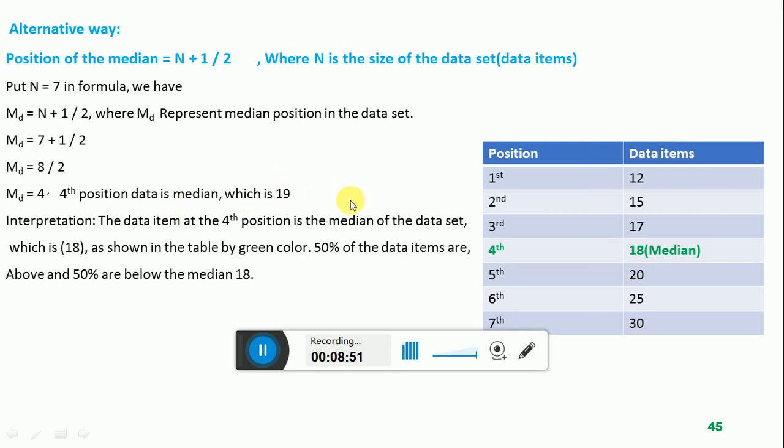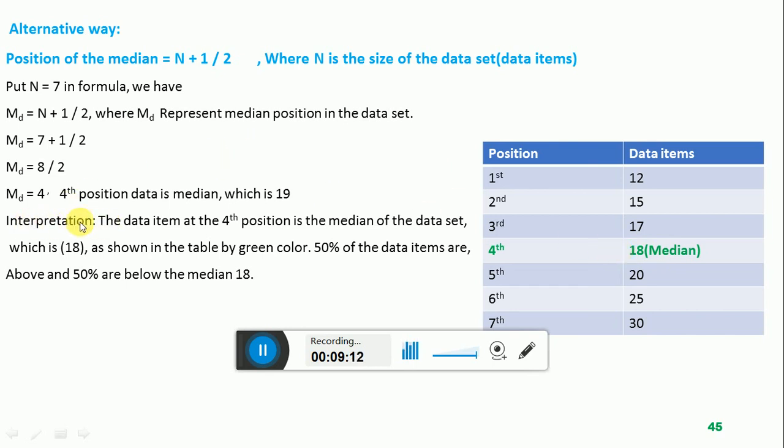So the median is 18, and as this is very clear from this data table, the first column defines the positions of the data items, and the second column defines the data items. The 4th position data item, which is 18, I colored in green. 18 is the median of the given data set.